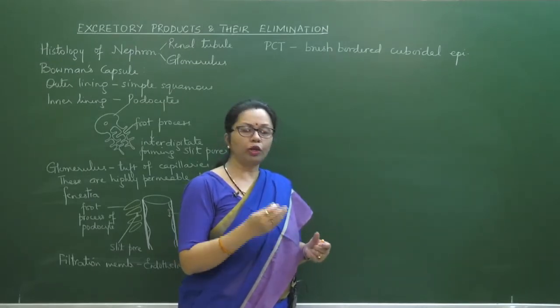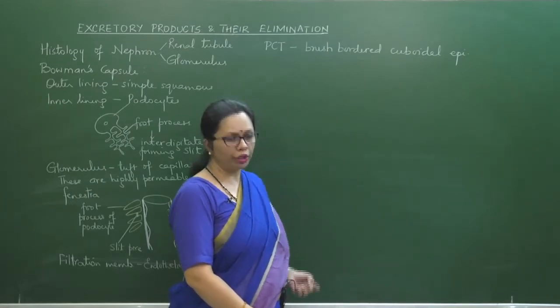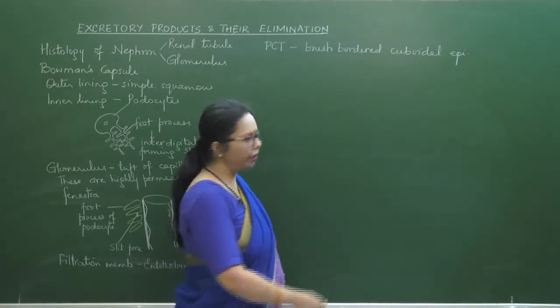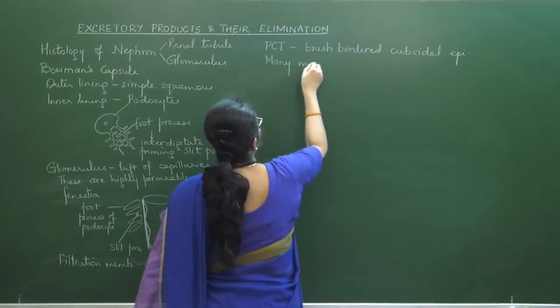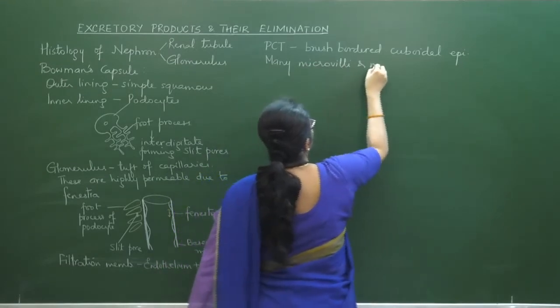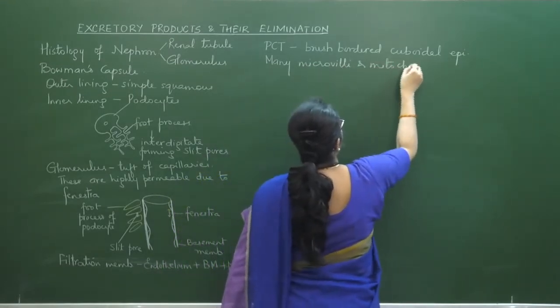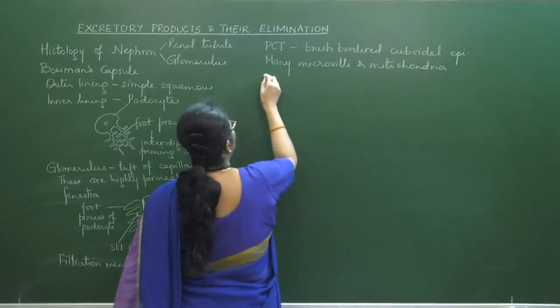You can understand, because here a lot of absorption is going to be active absorption, so that's why mitochondria are needed for the energy supply. Many mitochondria and many microvilli present.